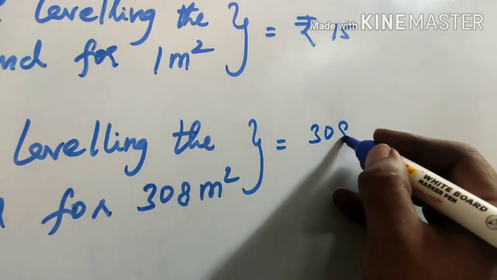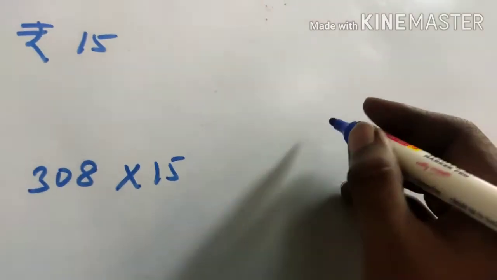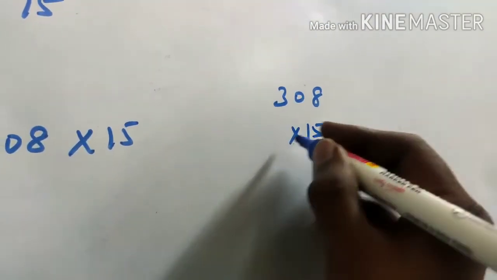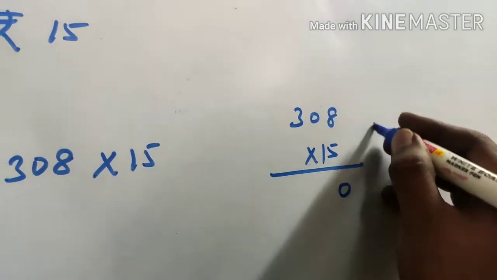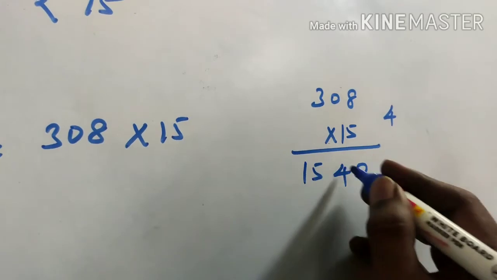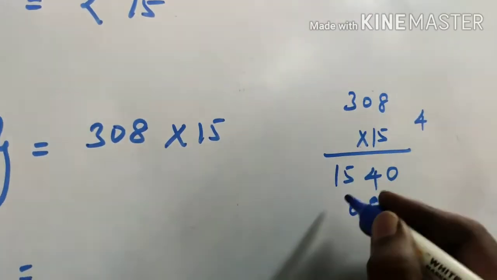So 308 into 15. So go to the rough column and multiply 308 into 15. 5 8s are 40, remaining 4, 5 into 0 is 0, 0 plus 4 is 4, 5 3s are 15. Then 1 8s are 8, 1 into 0 is 0, 1 3s are 3.